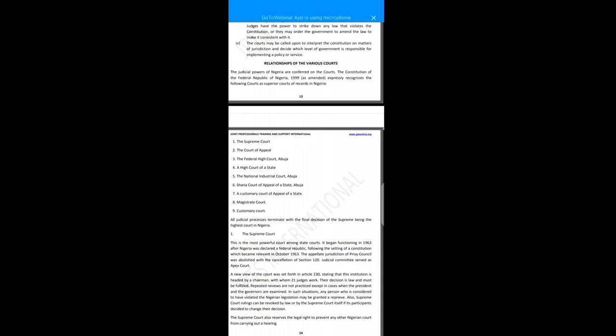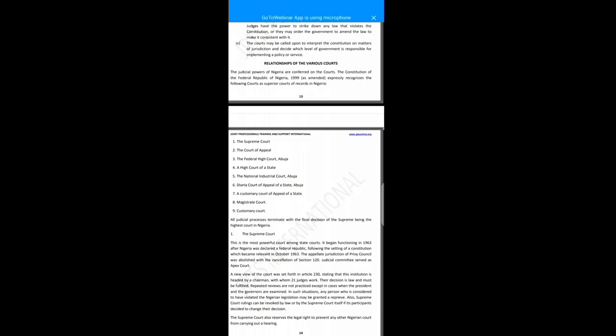So the Supreme Court is the most powerful court among state courts. It began functioning in 1963 after Nigeria was declared a federal republic following the settling of a constitution which became relevant in October 1963.